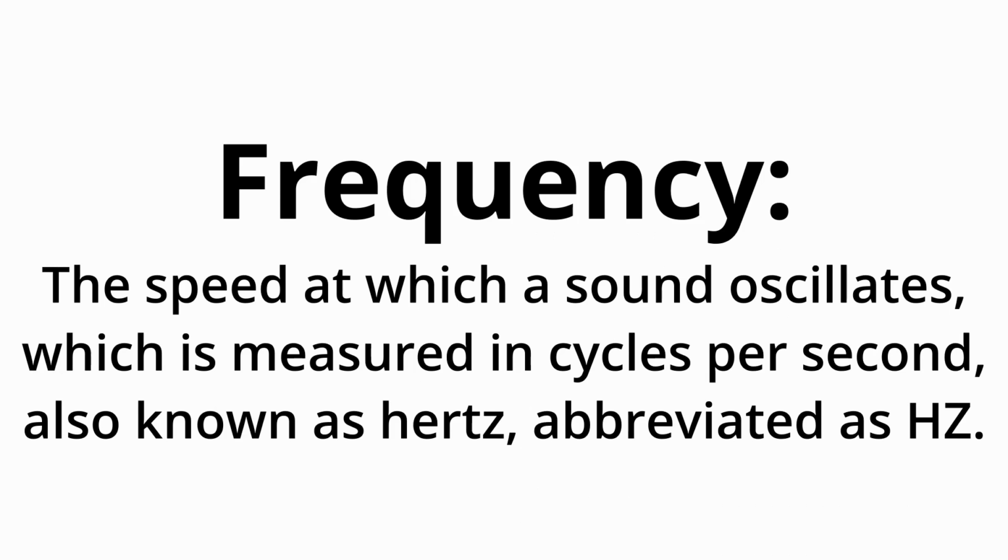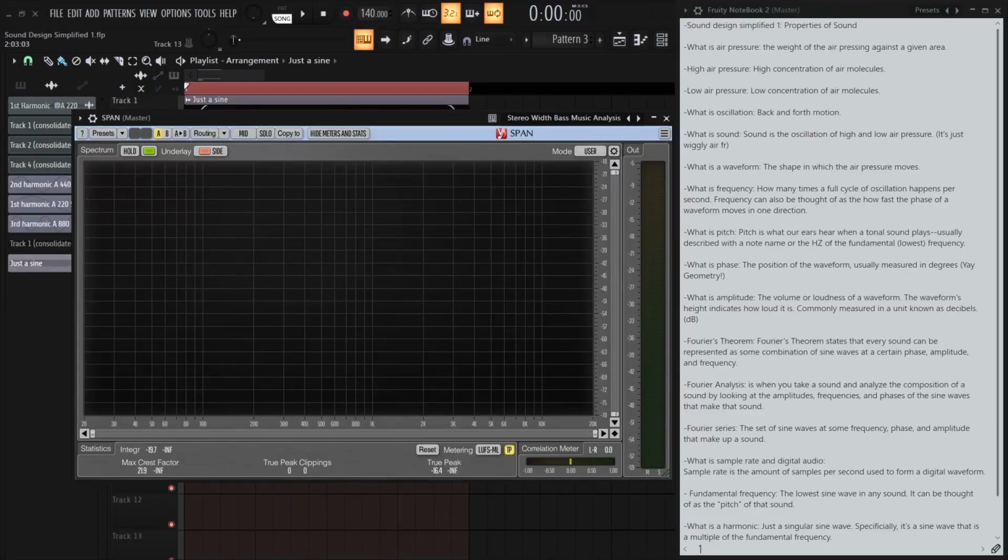The next property of sound I'm going over is frequency. Frequency is the speed at which the sound oscillates, and it is measured in cycles per second, also known as hertz. This is the spectrum analyzer, a tool that lets us analyze frequencies on a frequency spectrum. So the x-axis is frequency, and the y-axis is the amplitude of said frequency.